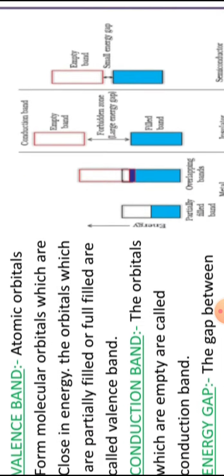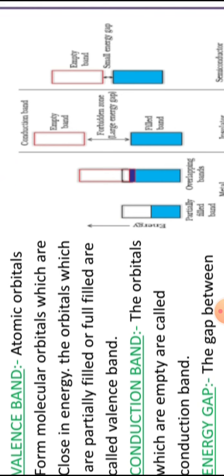Then in terms of insulator, you can see in this picture that the gap between conduction band and valence band is very large. So electrons are unable to jump from valence band to conduction band. It means they will not conduct electricity, so they are insulators. Now define semiconductors.